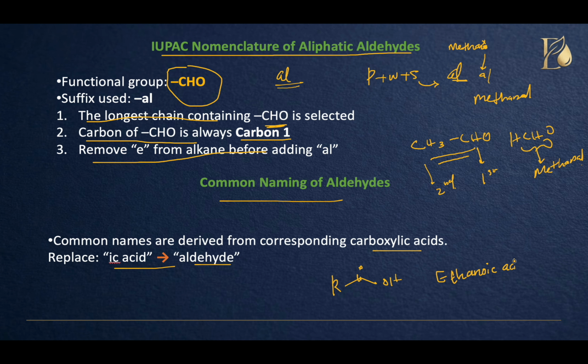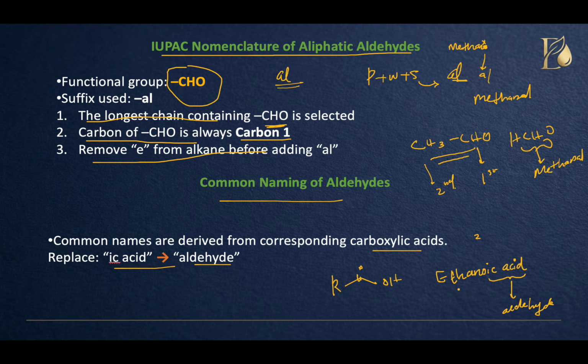Ethanoic acid is the carboxylic acid which has 2 carbon atoms. If you want to know about the naming of carboxylic acids, you can go and watch those videos where we have discussed the details. So in ethanoic acid, we have to remove the ic acid and replace it by aldehyde.